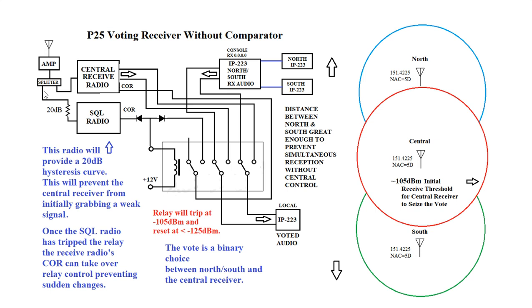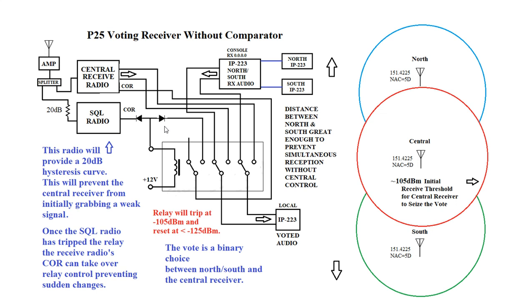In order to trip the relay for the central receiver to grab control, this radio right here has to first be tripped in its deafened state. Once it trips and the COR goes low, which allows the relay here to be energized, it flips the relay.